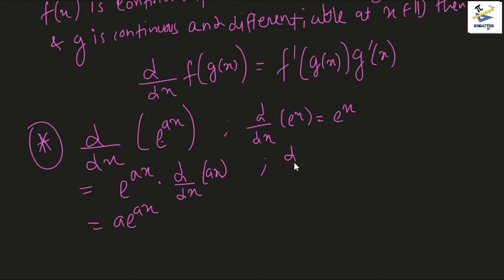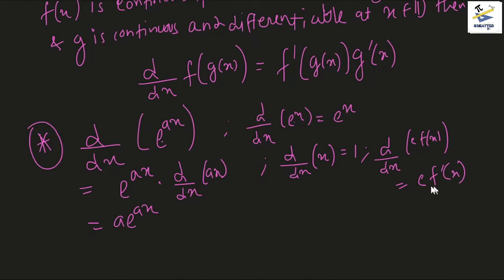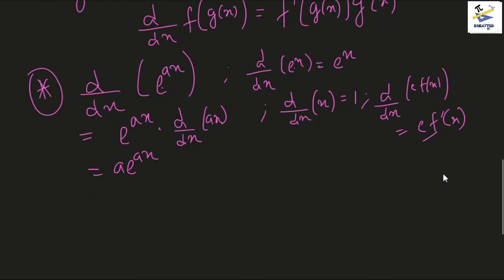This is because d/dx of x is just 1, and also d/dx of a constant c times any function f of x is just c times the derivative of the function. So the constant just remains multiplied throughout. Okay, next example. Because the more examples we do, the easier it would be for you to understand.